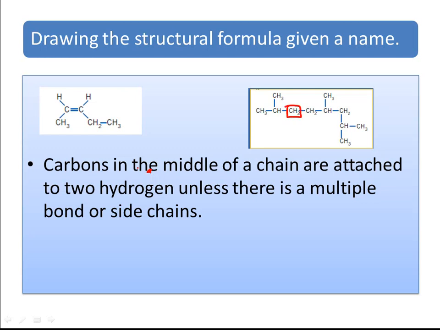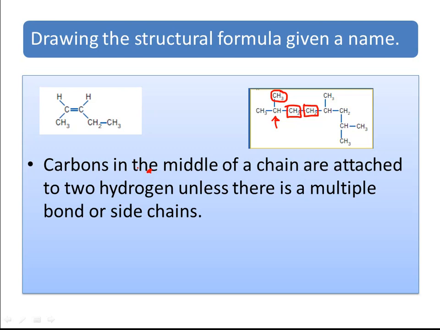There is a carbon sitting in the middle of the chain, carbon sitting in the middle of the chain. All these here, they've got 2 hydrogen atoms, but we've got this carbon here. It's sitting in the middle of a chain, but it doesn't have 2 hydrogen atoms simply because it has got a side chain that's coming out of it. That side chain could be bromine, it could be chlorine, it could be anything that qualifies to be a side chain. So as a result, this carbon will only take 1 hydrogen atom.